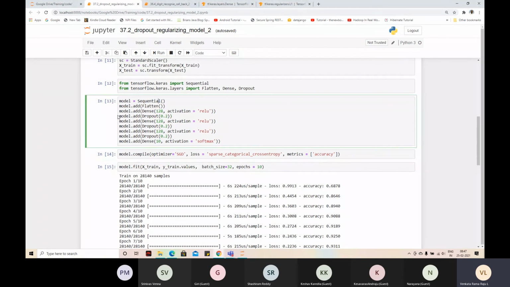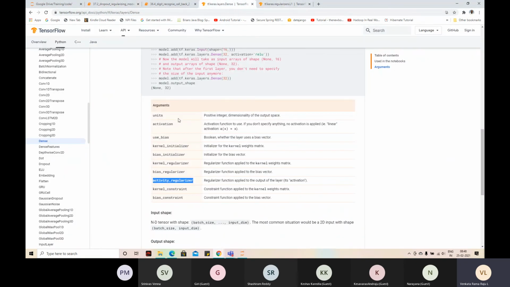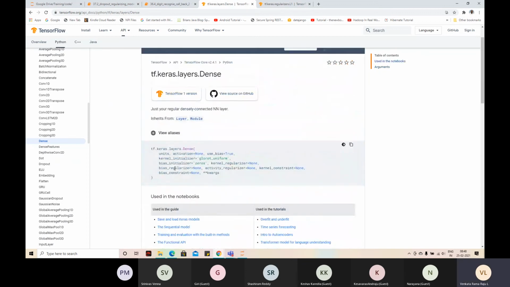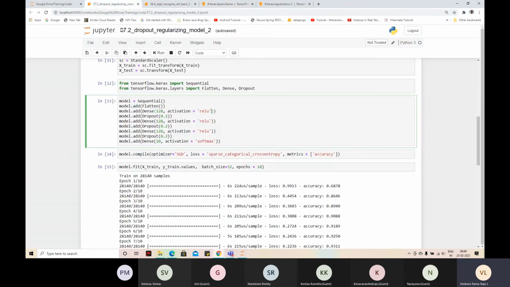So to apply dropout regularization, you should be applying it like this, or even in dense also you have some variable. I think dense layer also has some. Yeah, dropout is not there. Regularization dropout is not there. So you need to add an additional layer, the dropout layer.